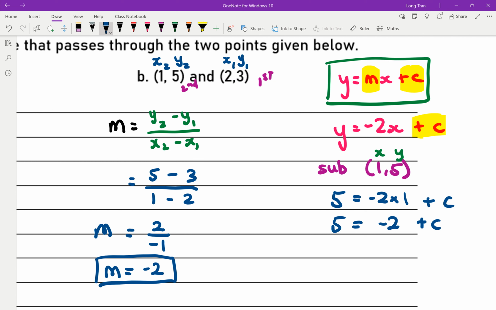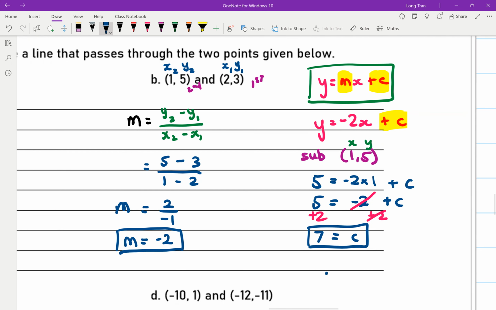You add 2. Okay, so if that's a minus 2, it's not timesing, it's minusing 2. So then I would say, add 2 on both sides. Very good. So what's the rule then? If you've got c and you've got m now, my rule has to be? Negative 2x plus 7. Perfect.